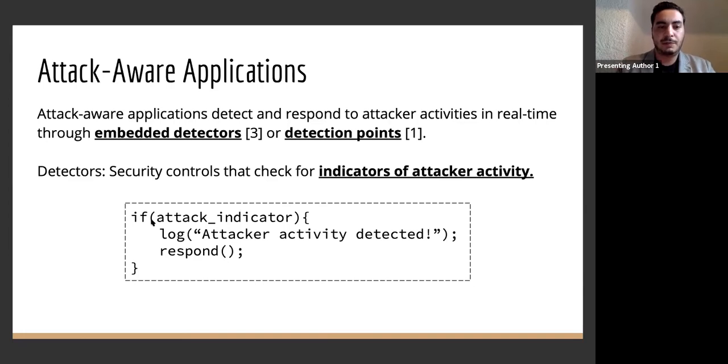Ideally, these should be very distinctive indicators so that you only get high fidelity alerts once these detection points are triggered. And you can also have partial indicators, but then you would need to collect a few of those in order to decide based on a threshold or another rule how you want to respond.